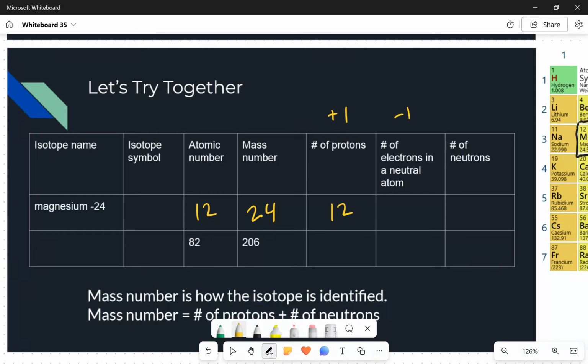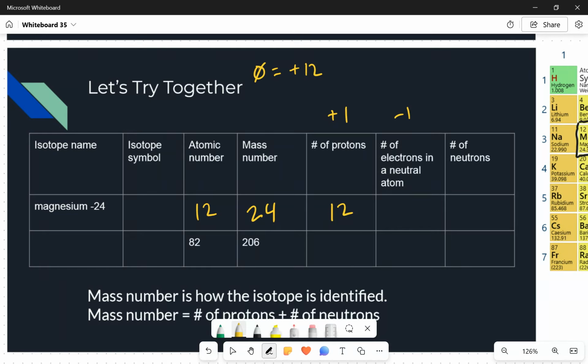Let me try and diagram that out for you a little bit really quick. Okay, so in my magnesium, I have 12 protons, right? I'm going to just write +12, okay? Because each proton is a +1 charge, and there's 12 of them, so it's +12, okay? Now, I know my overall charge has to be 0 because it's got to be neutral.